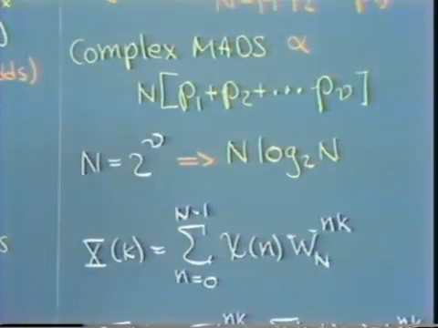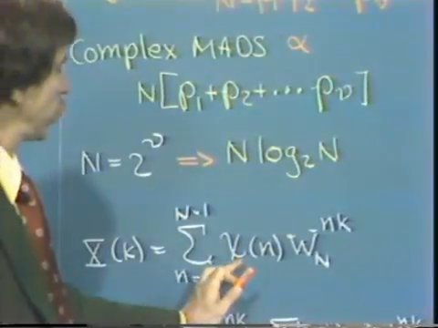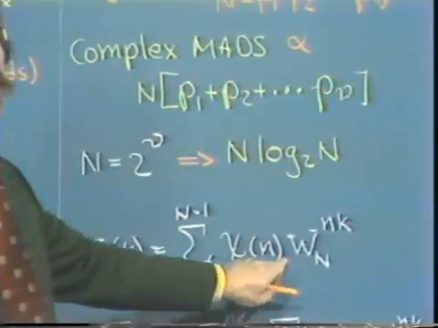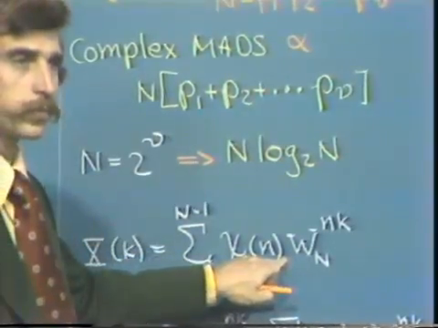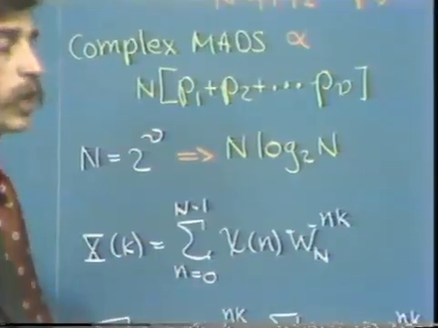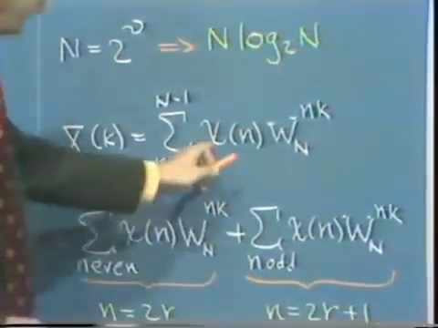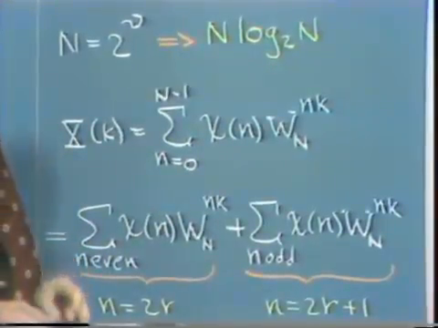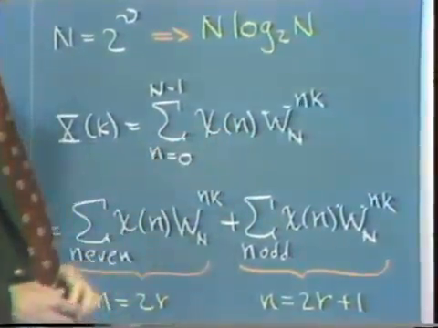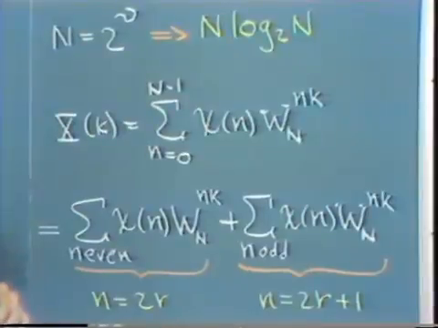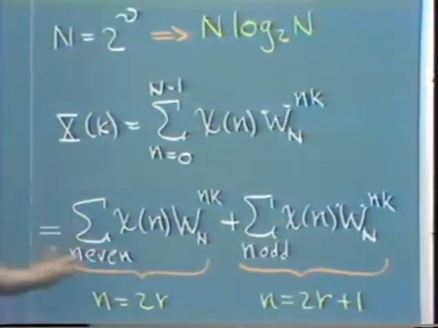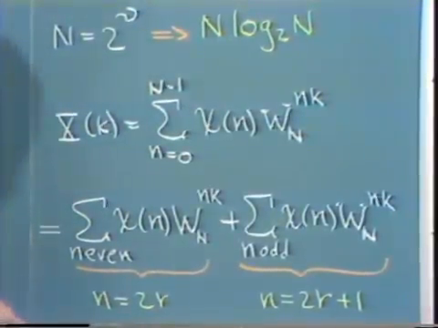In particular, suppose that we consider decomposing the original sequence x of n into two subsequences. One subsequence consists of the even-numbered points of x of n, and the second subsequence consists of the odd-numbered points of x of n. Well, let's just do that and see where it gets us.